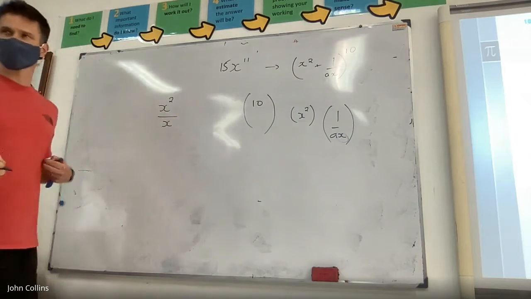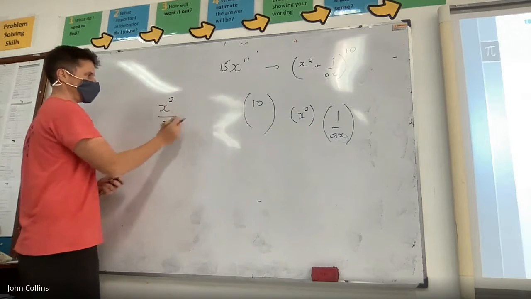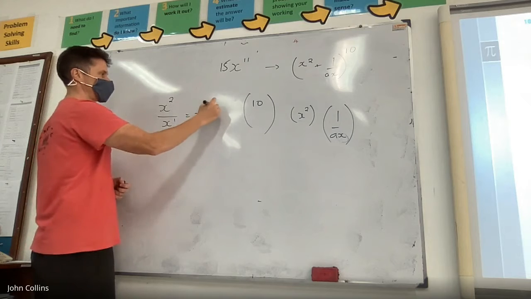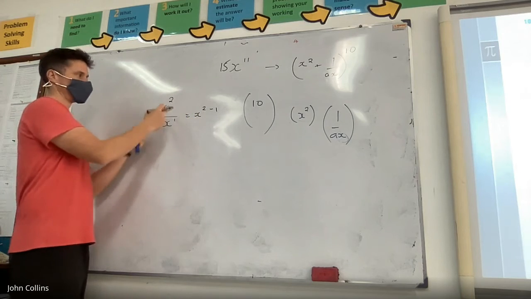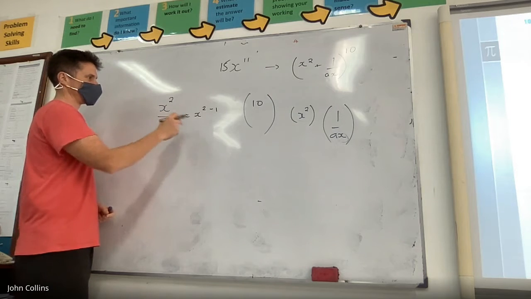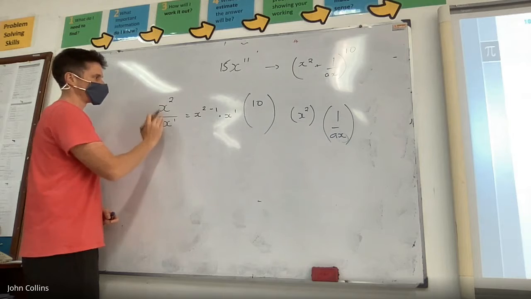Does that make sense? So when they're combined, in general, that is x to the 2 take away 1. That's just the rule of indices. I haven't done anything to the powers yet, and that will give x to the power of 1.